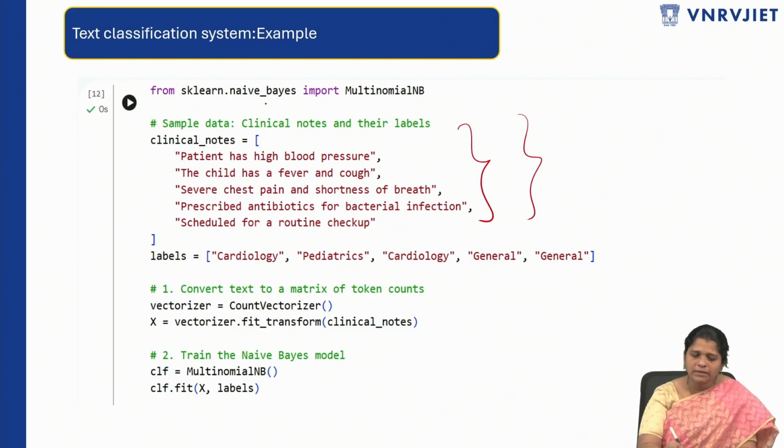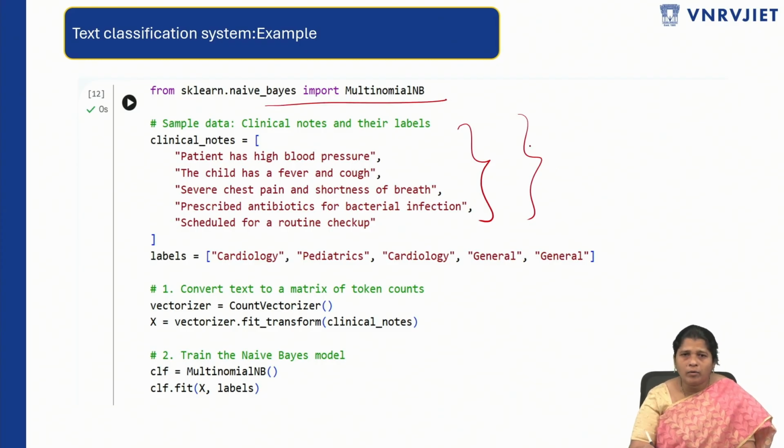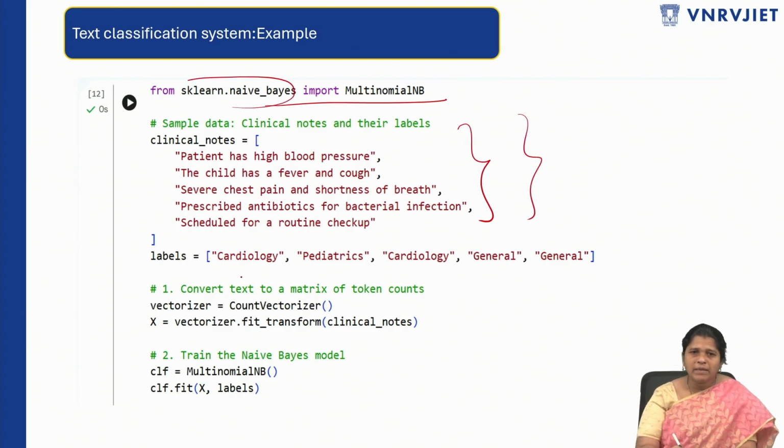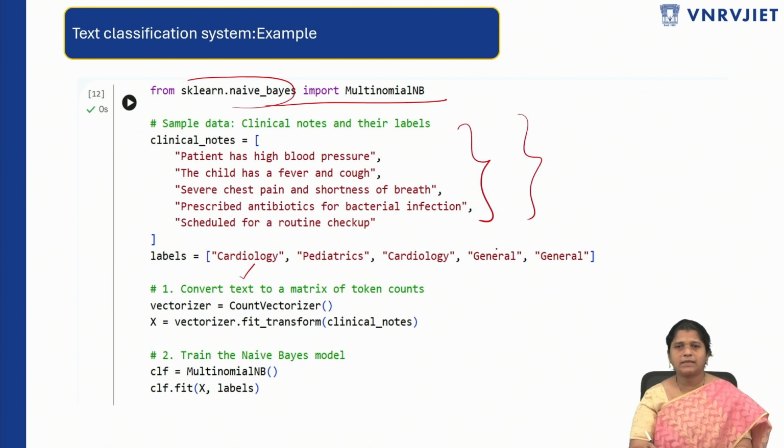For this, I am importing the multinomial Naive Bayes classifier from sklearn. We are categorizing into labels: cardiology, pediatrics, general, medicines and so on. Maybe we can also have some other categories, not only cardiology.